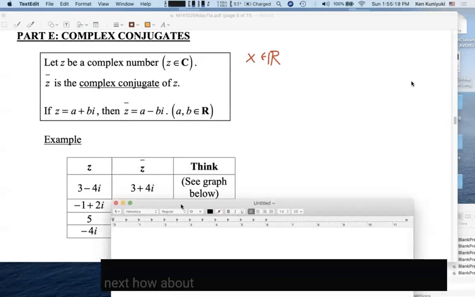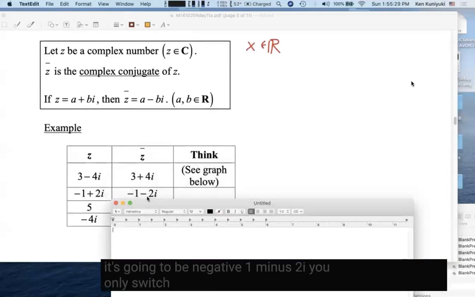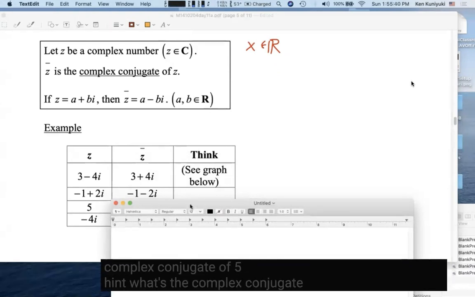Next, how about negative 1 plus 2i? Its complex conjugate is negative 1 minus 2i. You only switch the sign on the imaginary part, not the real part. Here's a trick question. What's the complex conjugate of 5? Hint: what's the complex conjugate of 5 plus 0i?